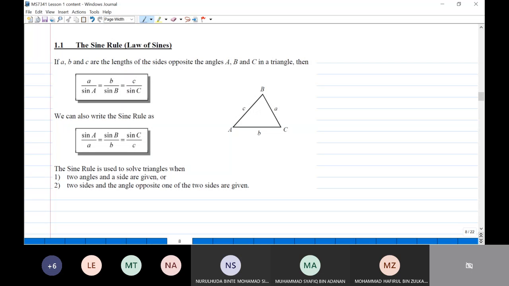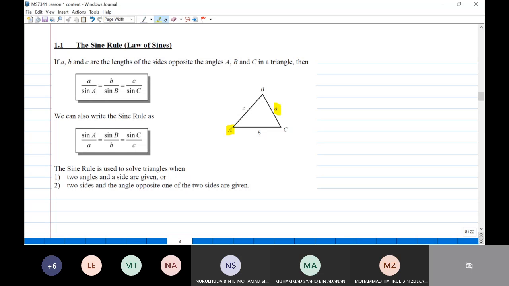When you label a triangle, one angle is A, one angle is B, one angle is C. Let me use a different color to highlight. One angle is A, and the side opposite it is also called small a. This is our convention.